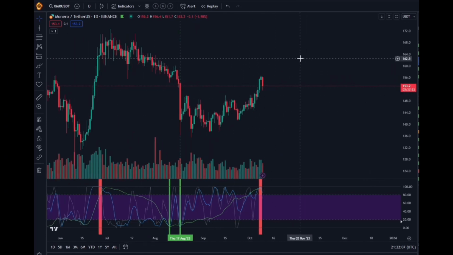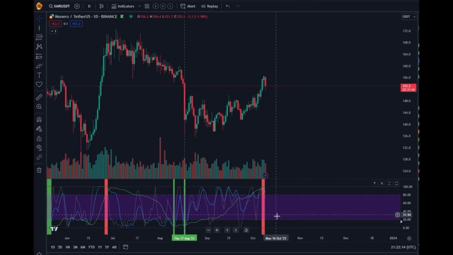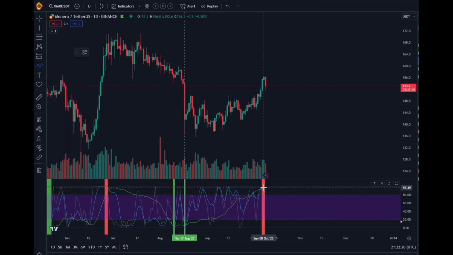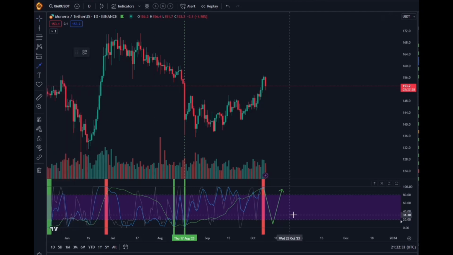So therefore, my conclusion for Monero would be simply to set an alert for when this MTF does something like that. Let me just show you. What I would be waiting for is for the MTF to tap down, and then I would be trying to time my entry where this would be tapping down here, so at the next tap down.